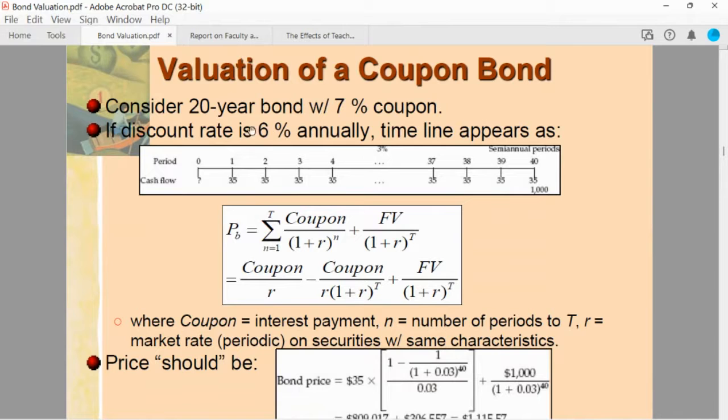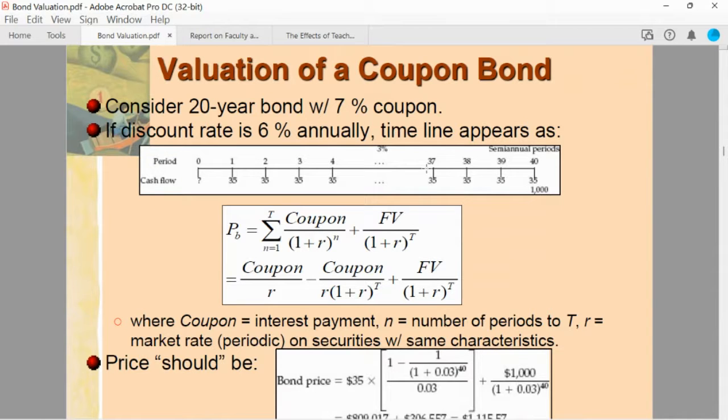On the other hand, if it is discounted by 8%, it will be over discounted, so it will end up with a present value less than the par value. Okay, that's the mathematical reasoning behind it.